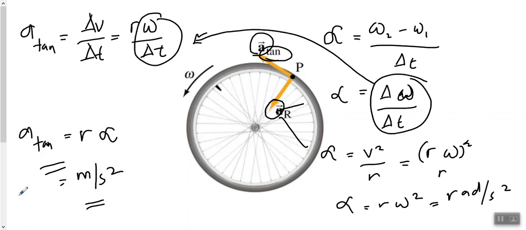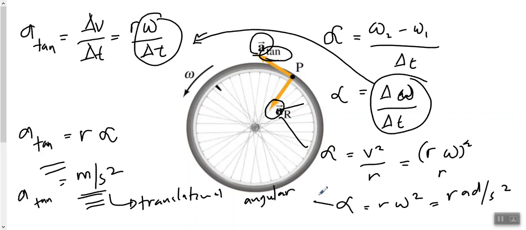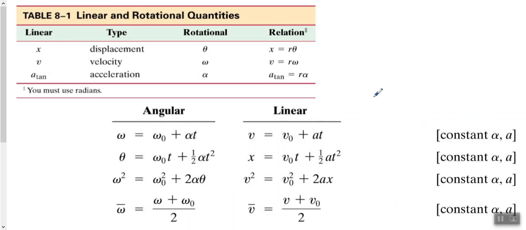So take note of the unit. The unit will tell you this one is translational and this one is angular or rotational. To sum up the relationship between translational and rotational, let's look at this table here and take note. This would have radian as the unit of measurement. So this is the linear motion and this is your angular.